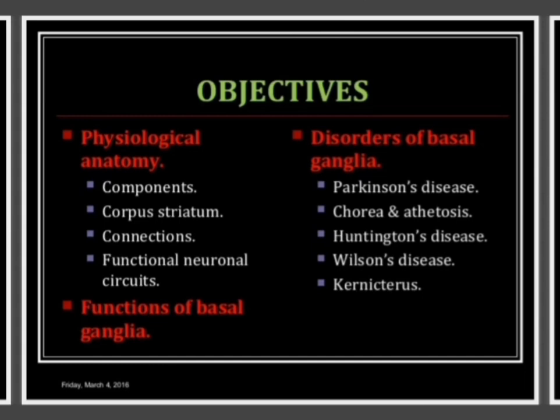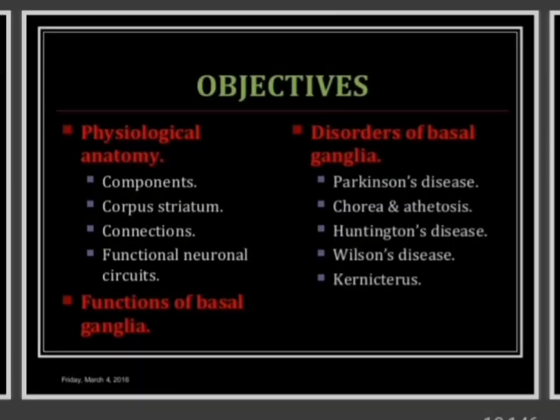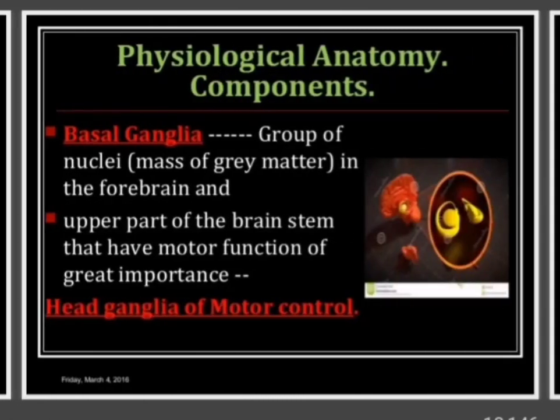The objectives of this lecture are physiological anatomy, components, corpus striatum, connections, functional neuronal circuits, functions of basal ganglia, and disorders of basal ganglia like Parkinson's disease, chorea, athetosis, Huntington's disease or chorea, Wilson disease, and kernicterus.